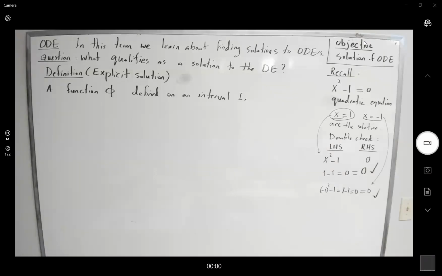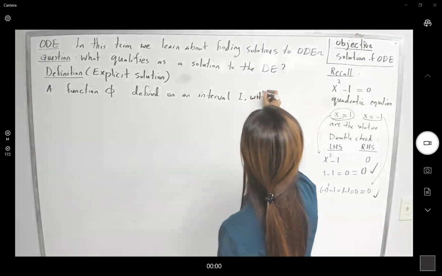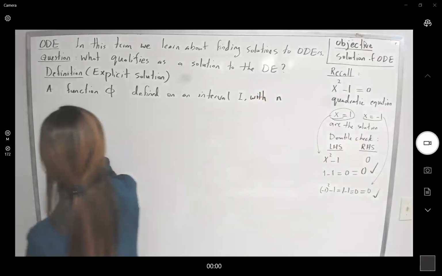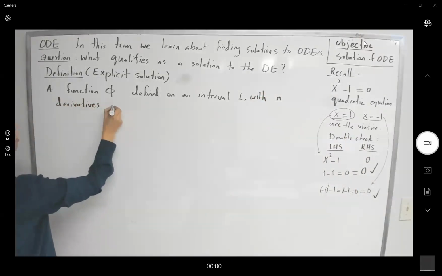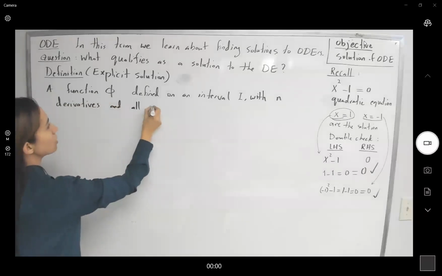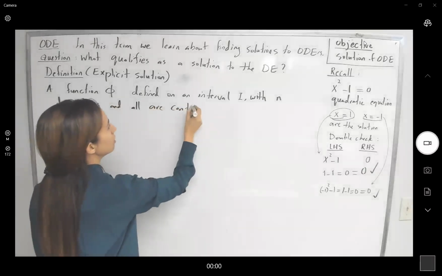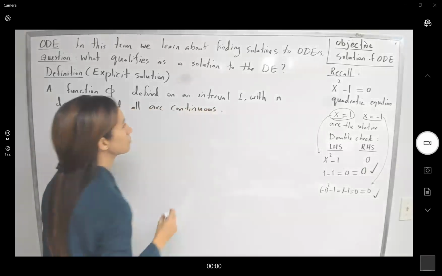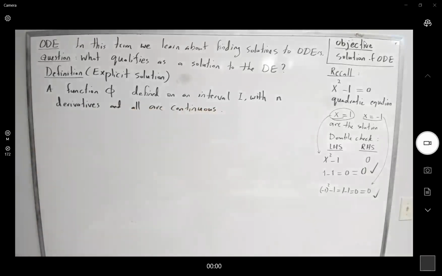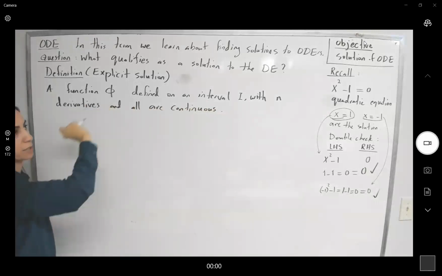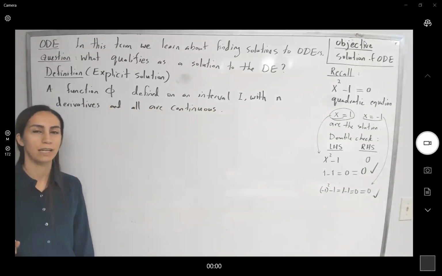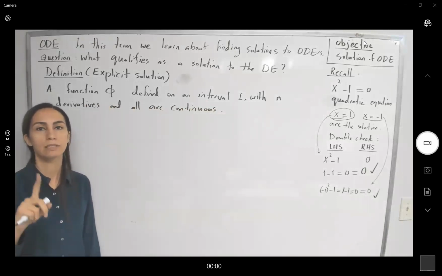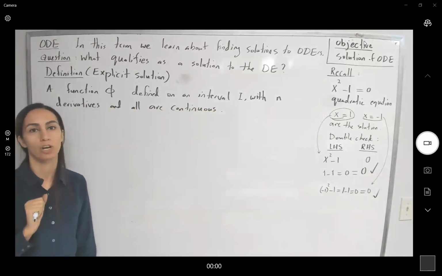And suppose it has n derivatives, and all are continuous. If this function satisfies the differential equation, we say that we have an explicit solution for the differential equation.